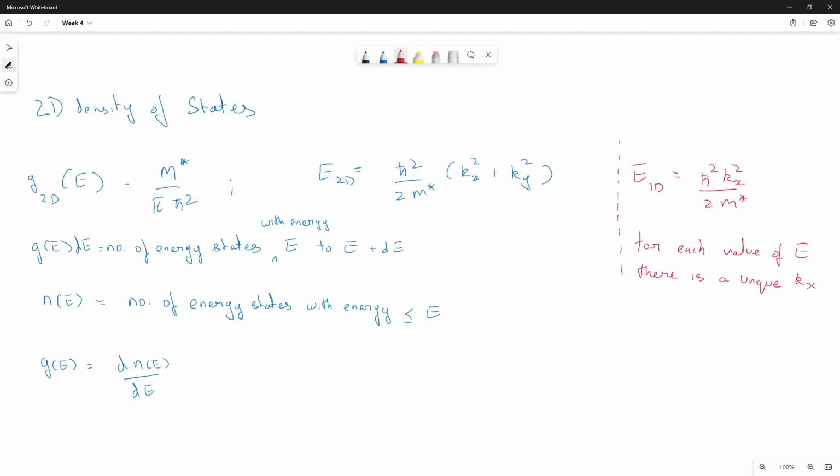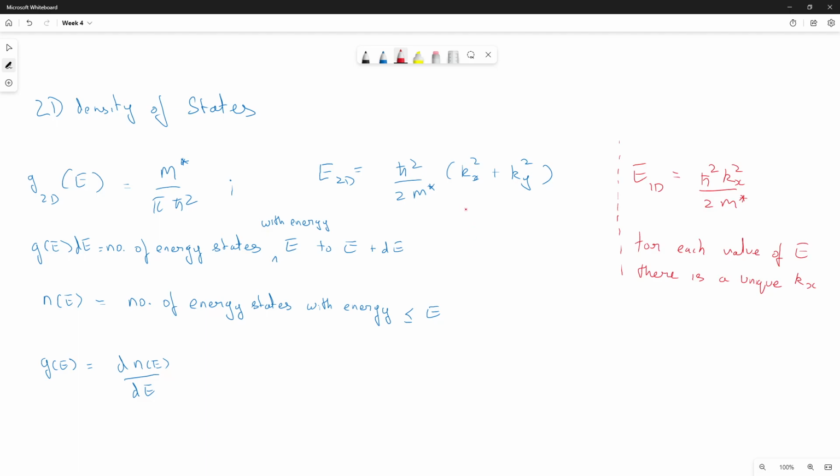And what is kx? kx is the quantity that we use to label the energy state. Since there exists only one label for a given energy value, that implies there is only one energy state for a given value of energy. When we use this to calculate the density of states, we will get a certain expression.